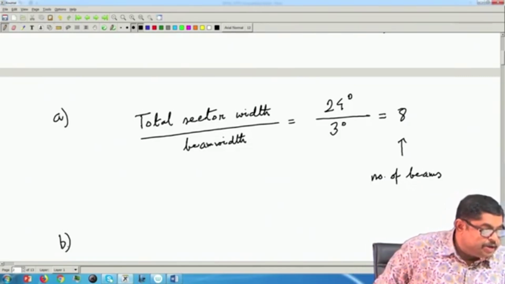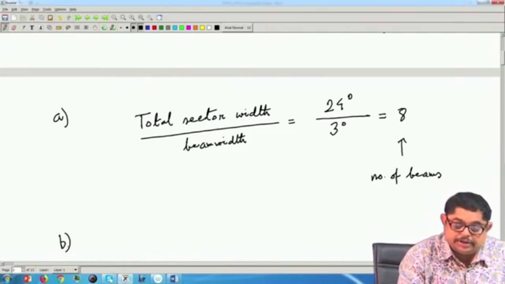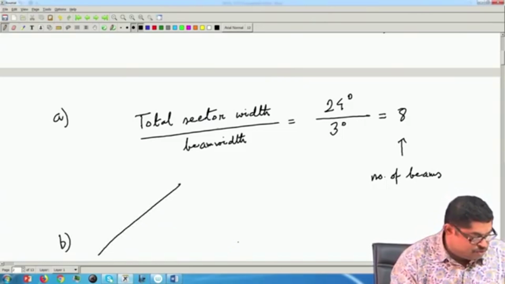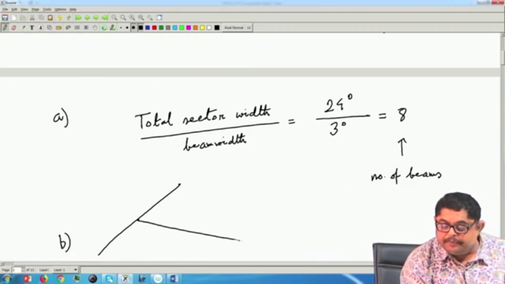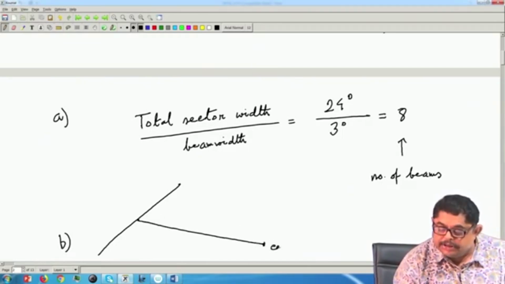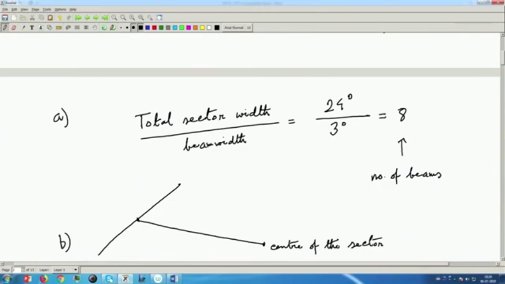Then part B, the nominal cross range resolution at the center of the sector. Now, the center of the sector is coming into play. So, let us say that this is the point, the center of the sector, and this is the radar at a particular time. It gives a 3 degree beam width, so this angle is 3 degree.